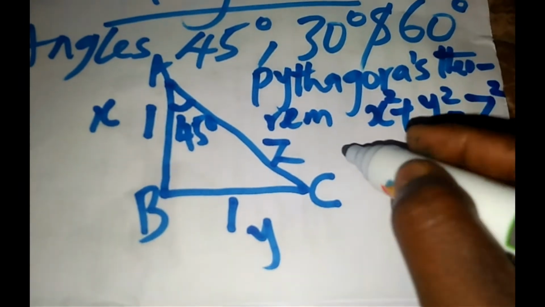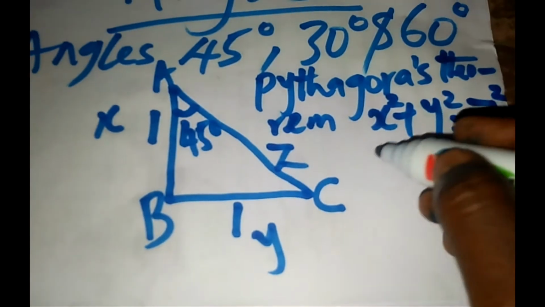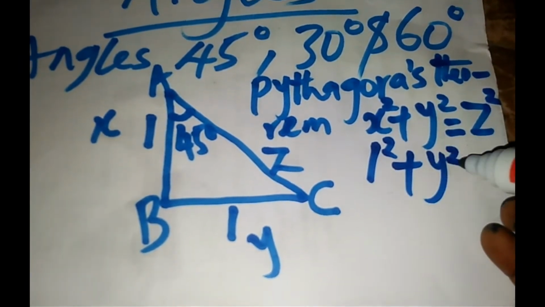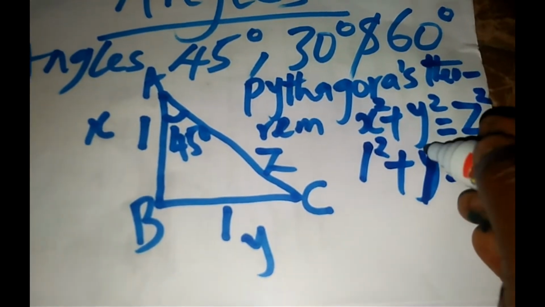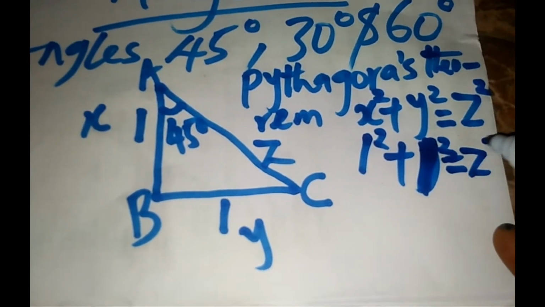Therefore, we're going to have 1 squared plus y squared, which is plus 1 squared, because y also is 1, will be equal to z squared.